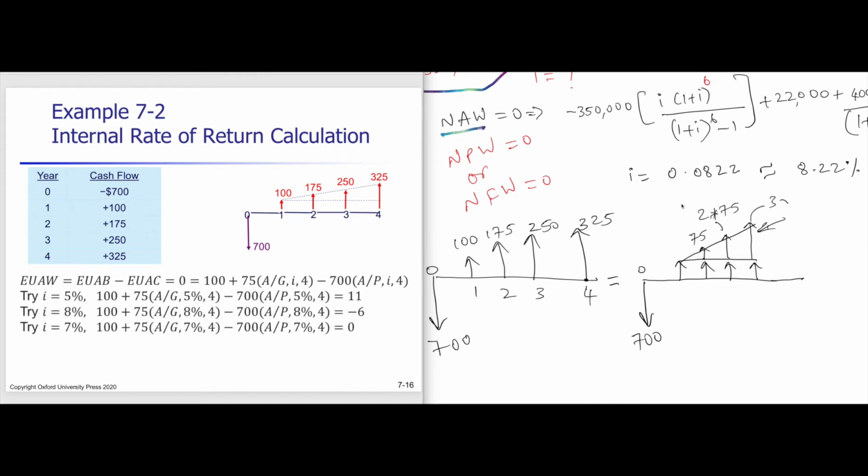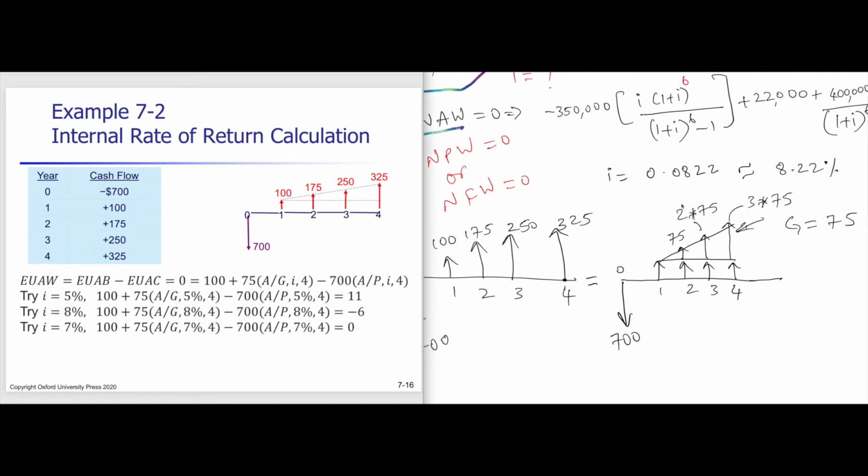This one is 3 times 75. So G, the value of G is 75. Like I said, G has to start from second year. And then when we apply the formula for G, we get what is the present worth at 0th year.